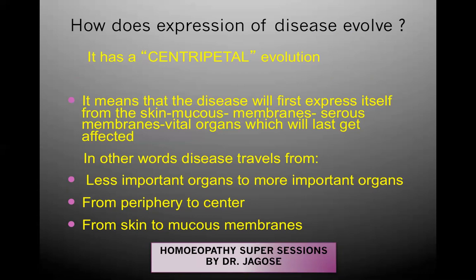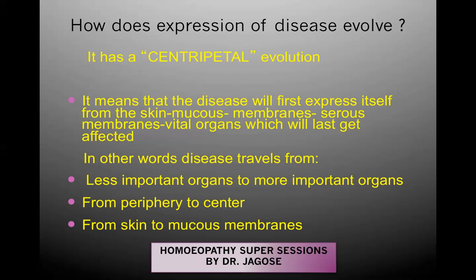So here, the disease may start from the skin. Then if it is suppressed, it will travel inwards from the skin, mucous membranes, serous membranes, to vital organs. In other words, it may travel from less important organs to more important organs, from the periphery to the center.